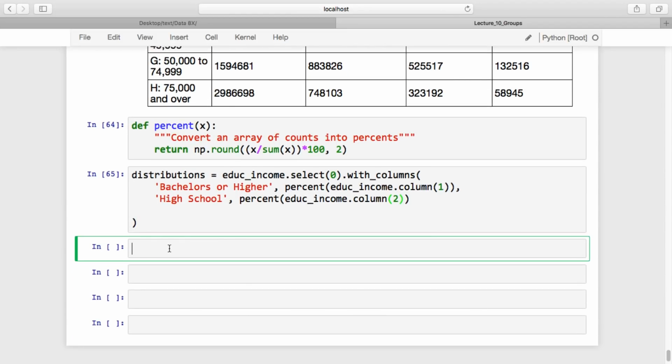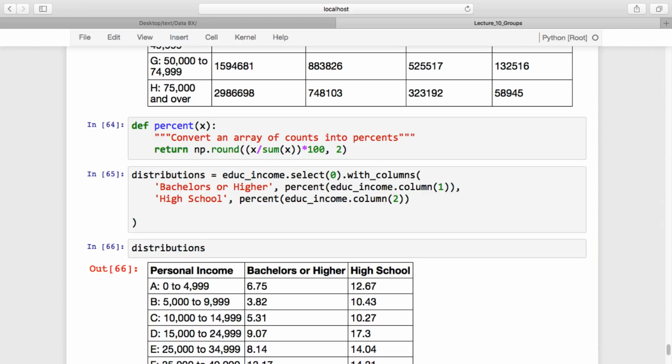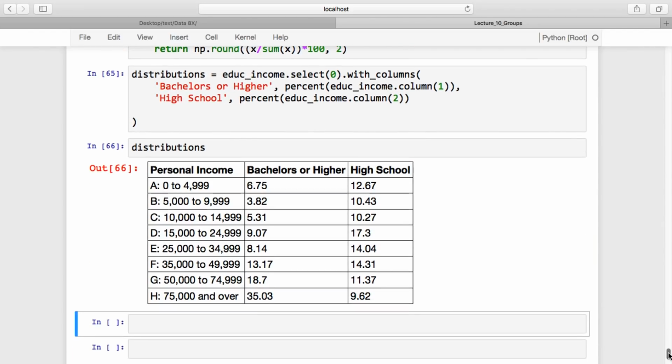And let's see what we get as the resulting table. Oh, much easier to understand. So the bachelor's degree or higher people, 6.75% of them were in this income level, 3.82% of them were in this income level, and so on. You can clearly see that the largest percent were in the highest income level.